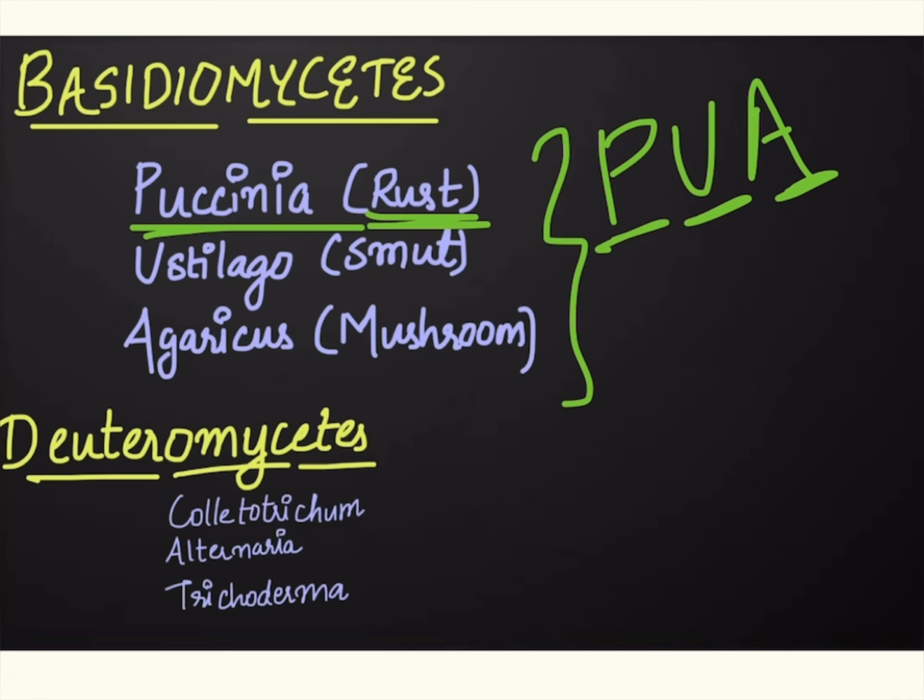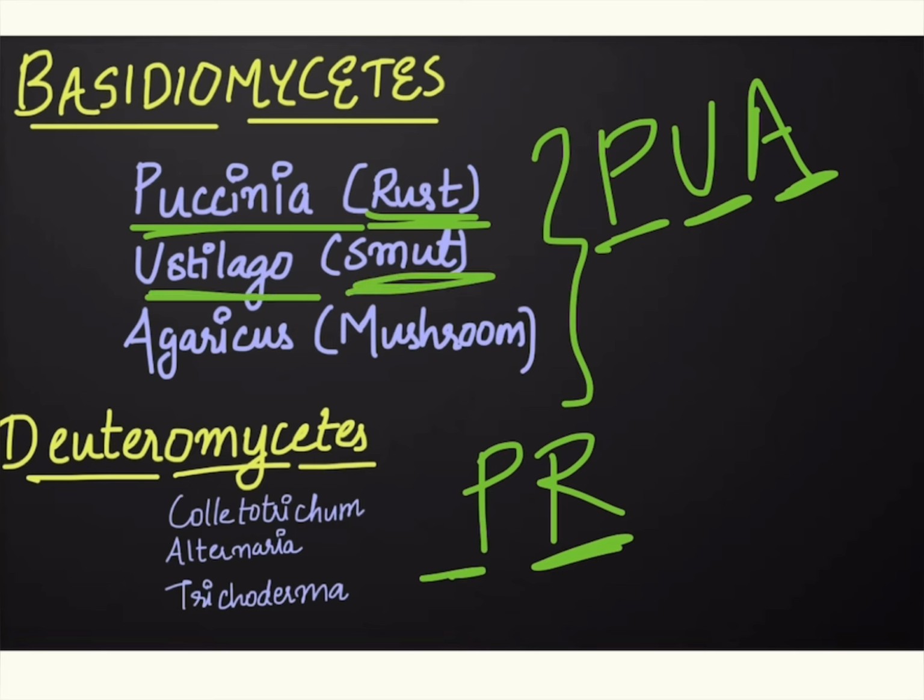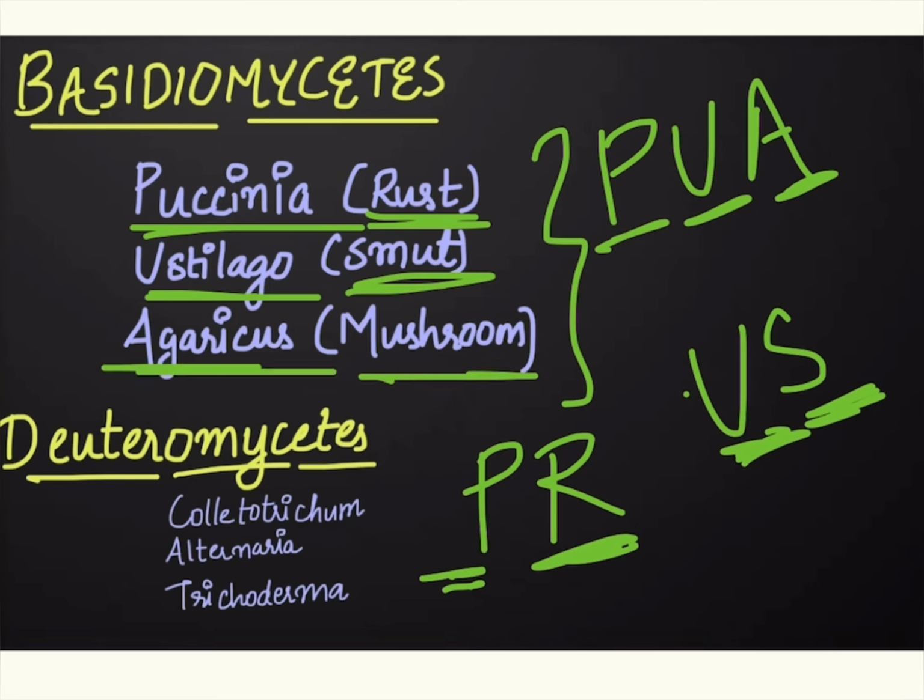We have to know Puccinia is the rust by the trick PR: Puccinia rust. And Ustilago smut, the trick for that is US: Ustilago smut. And then Agaricus is the mushroom.